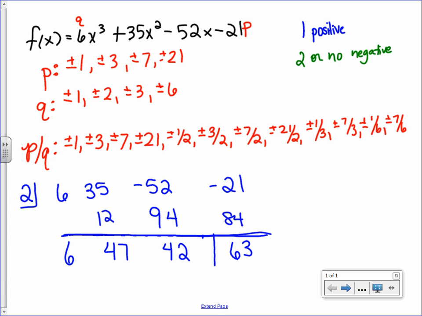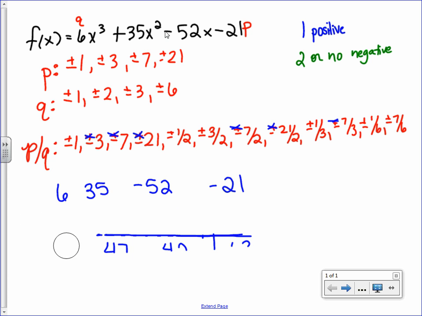No sign change. Okay? All of these are positive. So let's see. We've marked out positive 7, positive 21, positive 3, positive 7 over 2, 21 over 2, 7 over 3. Those are out.